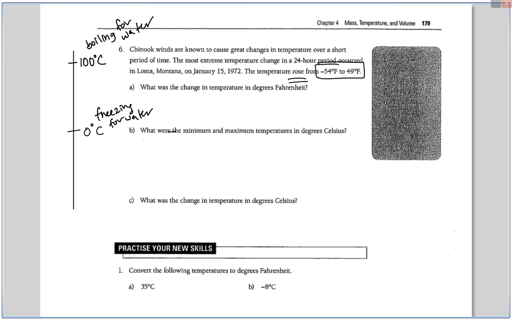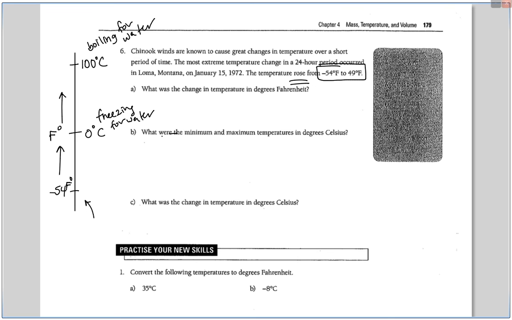So here we go, temperature change. So basically what happened is somewhere down here on the Fahrenheit side, it's minus 54 Fahrenheit. Then it goes all the way up past 0 to 49 Fahrenheit. So somewhere on this scale, 49 Fahrenheit. So it's important to understand that when you subtract these numbers, you always take the second number first, so 49 subtract negative 54 to see how much of a change the temperature is.